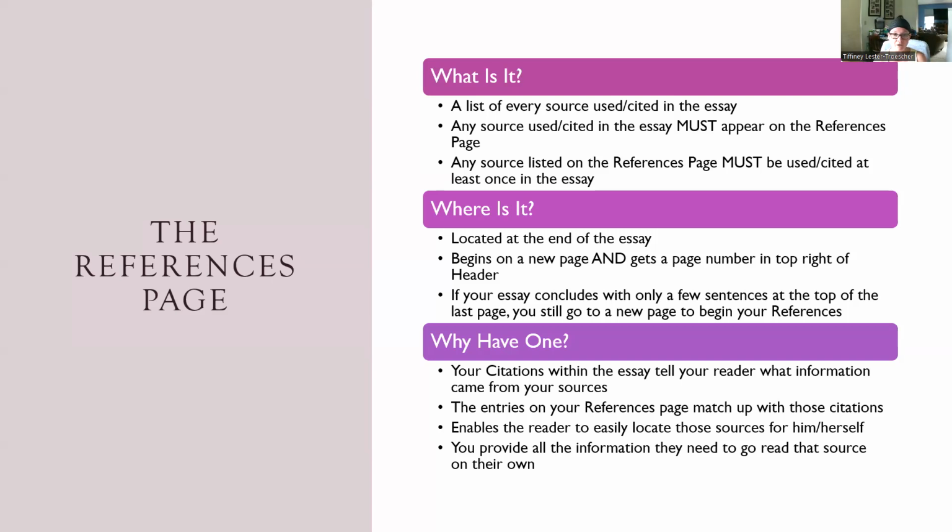No matter how many times you've used that source, no matter how little you used of a source, no matter how you incorporated the information from that source, every single time, citation. So any source that is cited in the essay must appear on the references page. And any source that is listed on the references page must be cited at least once in the essay.